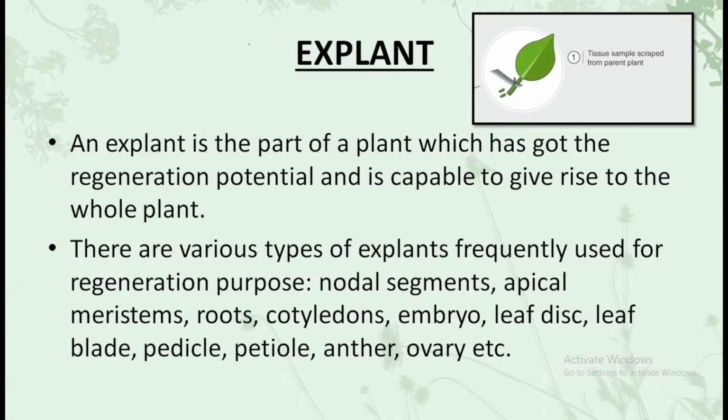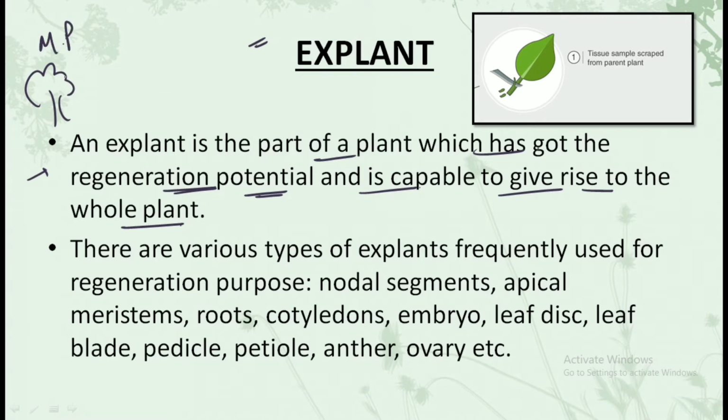So what is an explant now? An explant is the part of the plant which has the regeneration potential and is able to give rise to the whole plant. So the plant that we are using for the purpose is given the name of the mother plant, and the part of the plant that we are using for the experiment is given the name of the explant.